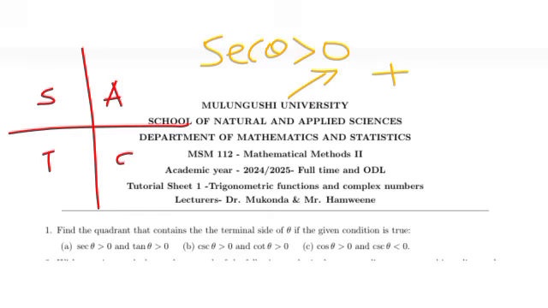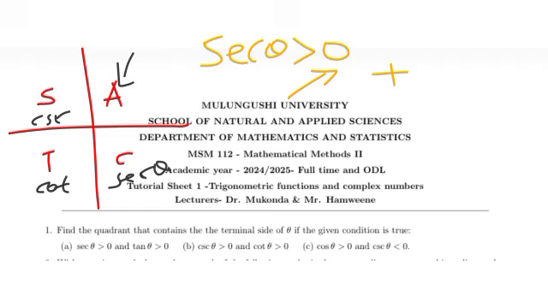So O means all the ratios are positive in that first quadrant. Sine is related to cosec theta, so CSC is also positive. Tan is related to cot theta, so cot theta is also positive in that quadrant. And cos theta is related to sec theta, so sec theta is also positive in that quadrant.